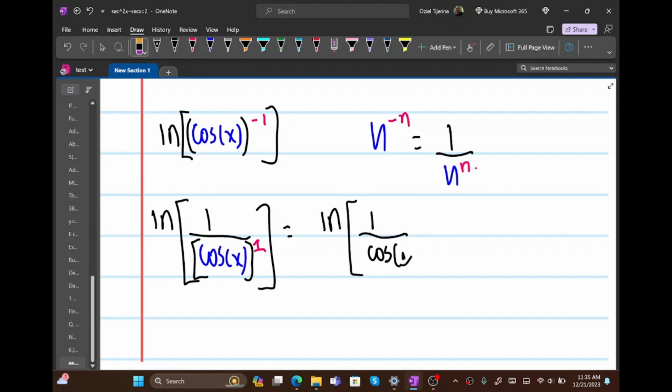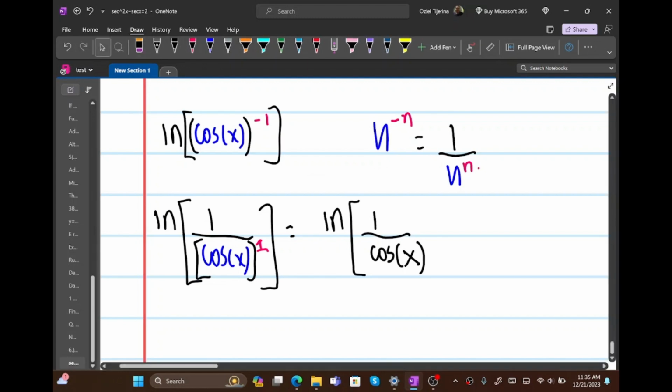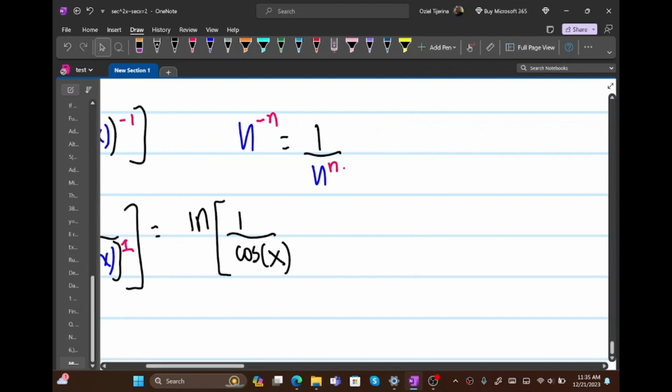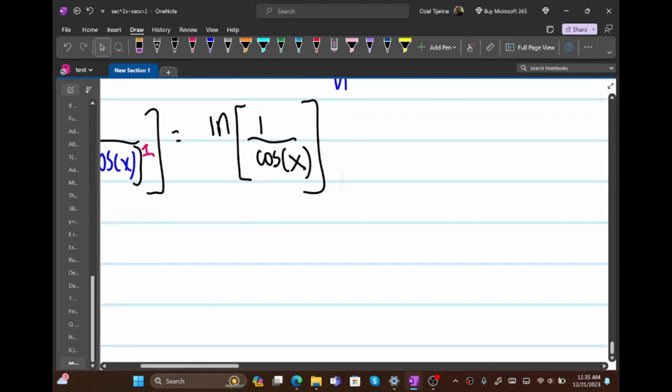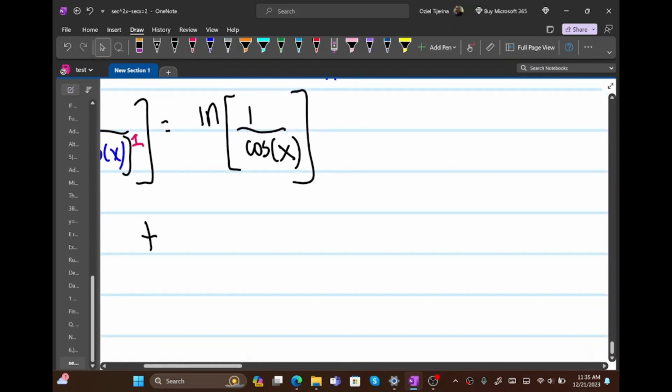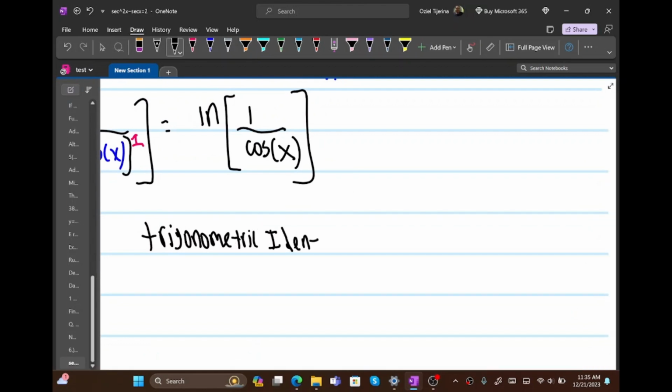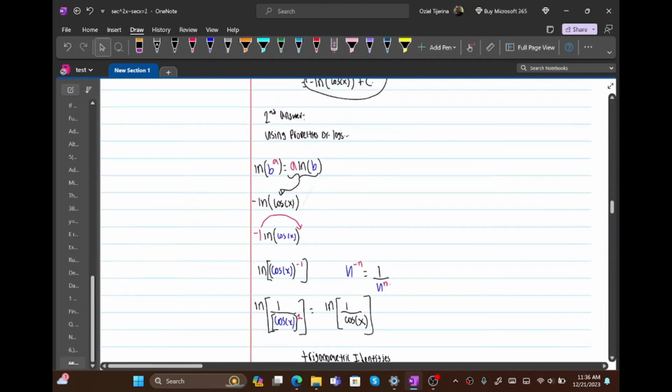Now, this last step, guys, does have to do with trigonometric identities. So remember that from trigonometric identities, and I don't know if I wrote this down already. I think I did. I don't know if I did that already.